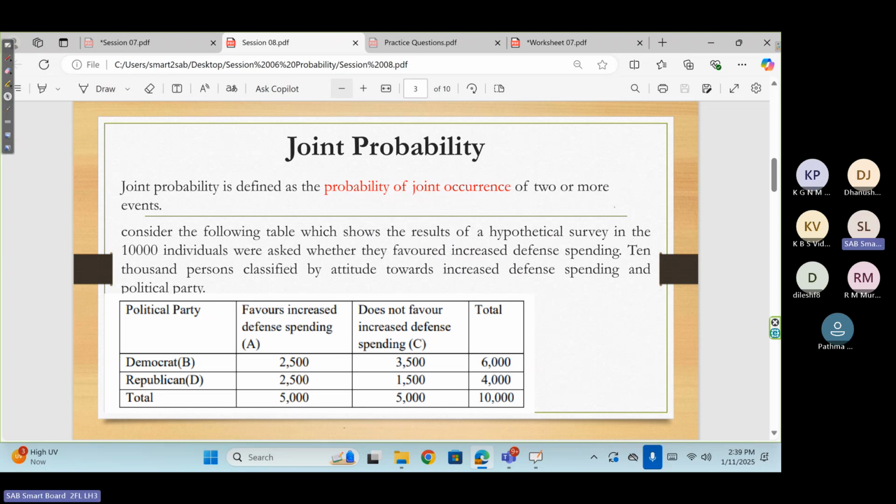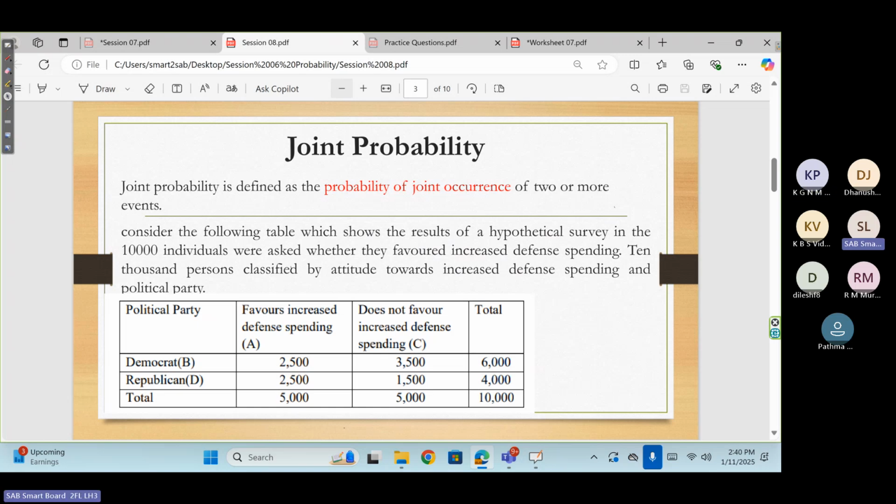Joint probability means, using the joint probability concept, we find the joint occurrence of two or more events. Okay, then we take this example. This is the contingency table. You studied it in the third chapter, presentation of categorical data. If we have more than one categorical variable, we use a cross tabulation or contingency table. Therefore, we call this table a contingency table.